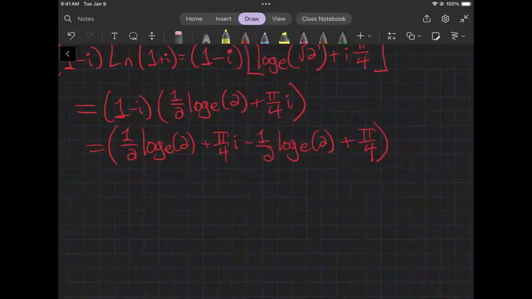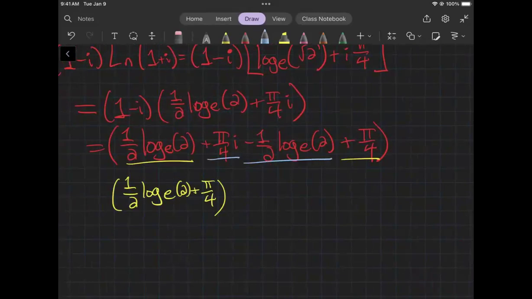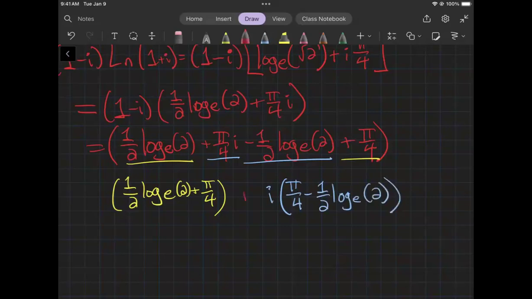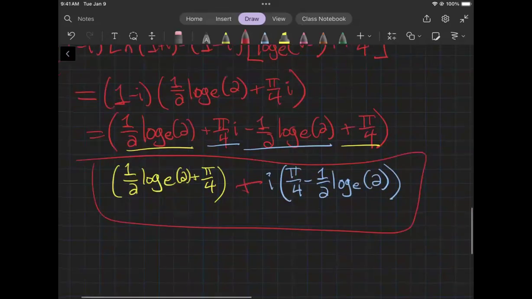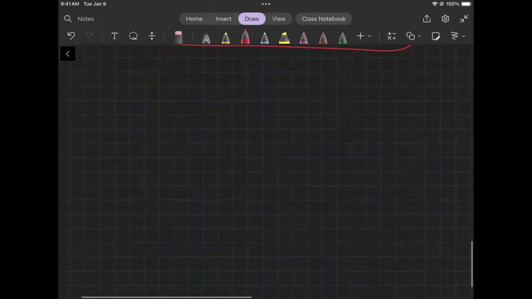Therefore, the real part is 1/2 log base e of 2 plus pi over 4, and the imaginary part is i times (pi over 4 minus 1/2 log base e of 2). That's how you figure out the principal value of a complex power.